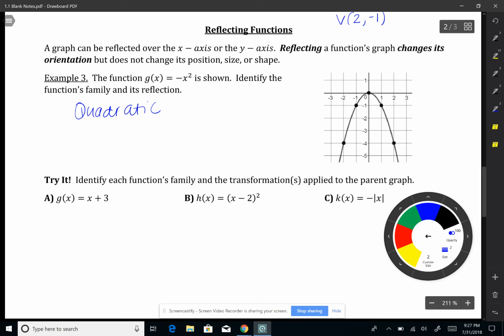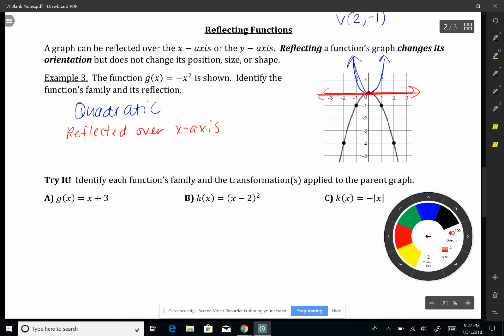Remember that the parent graph is opening upward like this. So it does appear to have flipped downward, which would be over your x-axis. So this quadratic function has been reflected over the x-axis.